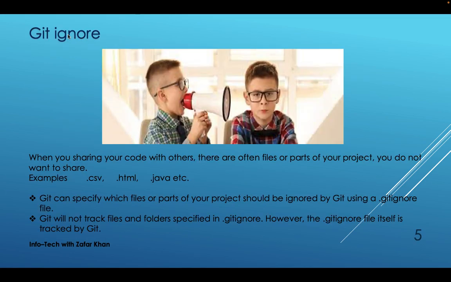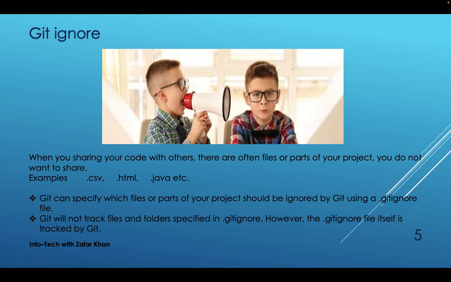Okay. So now what is ignore? When you are sharing your code with others, often there are a lot of files or parts of your projects you do not want to share. For example, if you have a .csv file, .html file, .java file, and .txt file in your project, but you don't want to share .csv, html and java, and I will share only the text file.